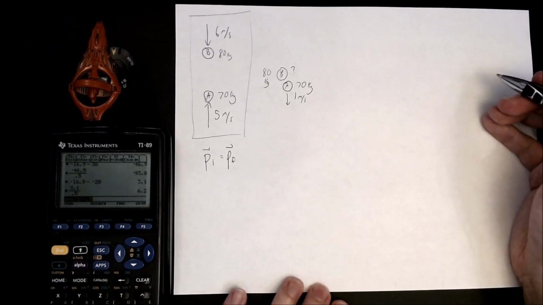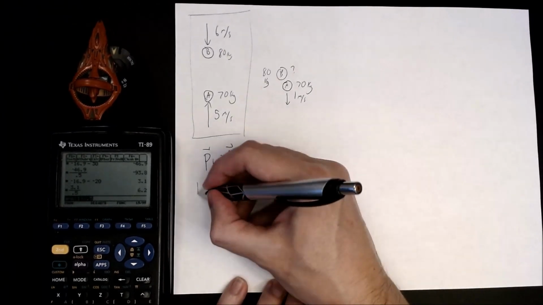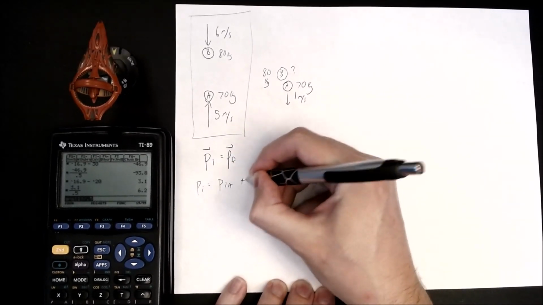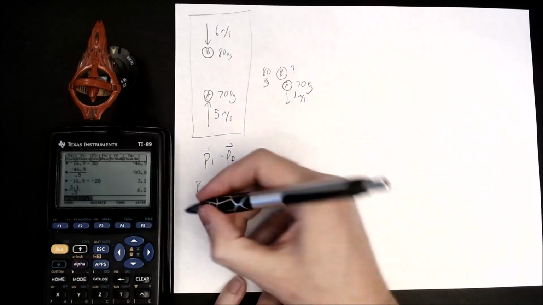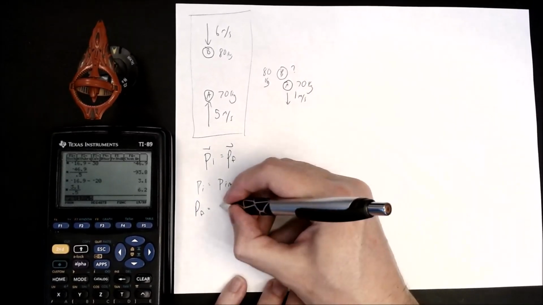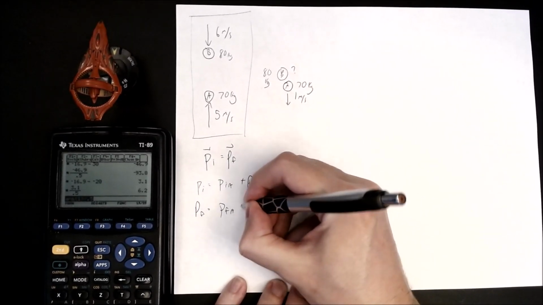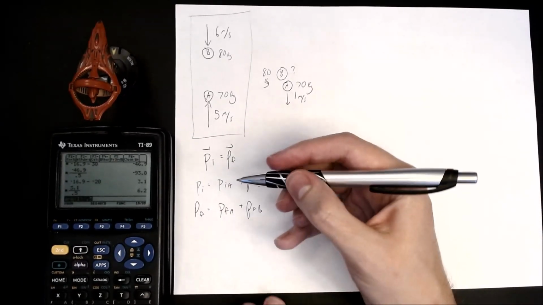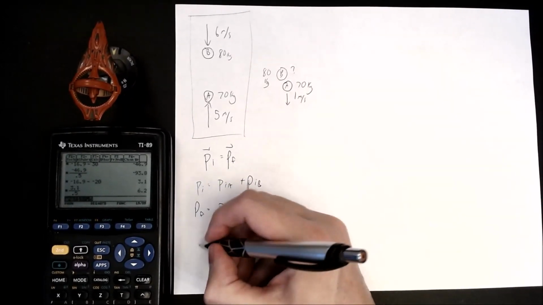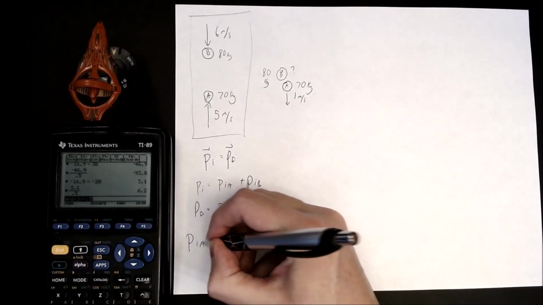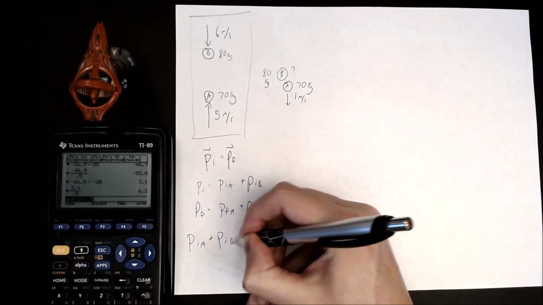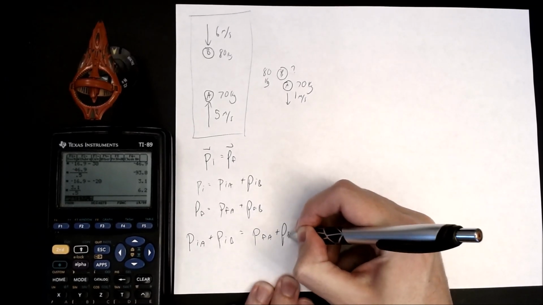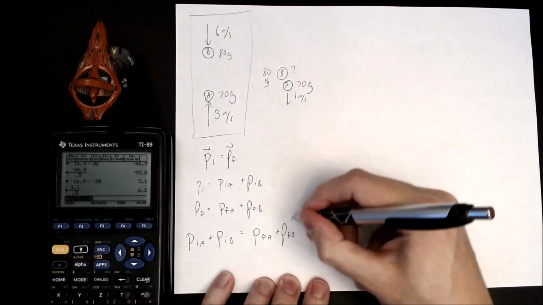Well, what do we need to include as initial and final momenta? The initial momenta is going to be the momentum initial of Alfred plus the momentum initial of Bruce, and the final momentum is going to be the final momentum of Alfred plus the final momentum of Bruce. We can plug those in and say that momentum initial Alfred plus momentum initial Bruce is equal to momentum final Alfred plus momentum final Bruce.